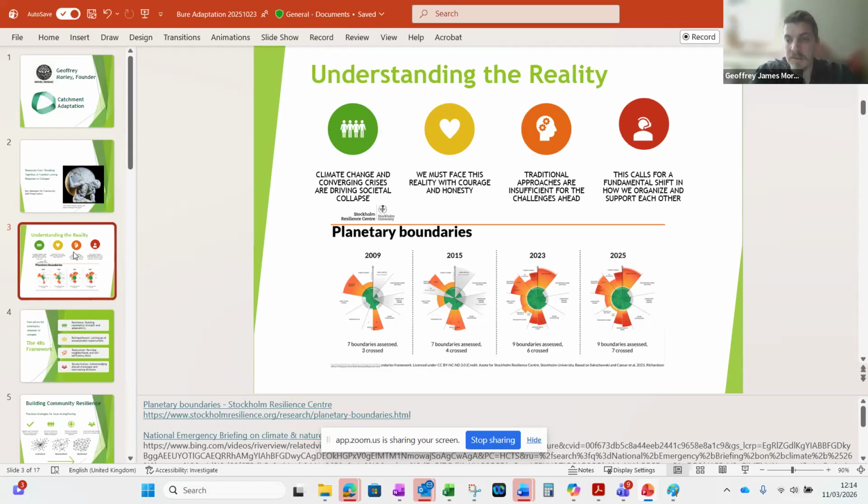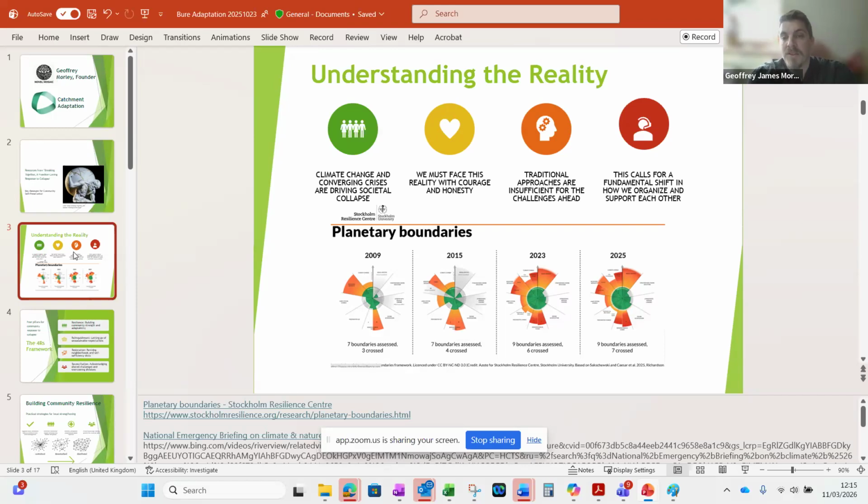So it's developing very quickly as an issue, and it's not going to get any better without us doing something very different from what we've been doing, trying to do, or failing to do. So we have a reality to face as a planet and as communities, as individuals, that we have to be honest about, and we have to take a courageous approach to look that situation in the eye.